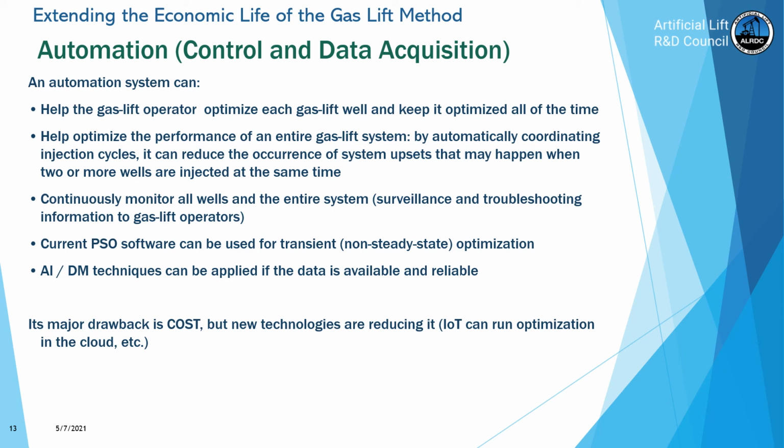Also now we have many things like artificial intelligence, data mining and all these algorithms that will help us optimize the field if the data is available and reliable. So the major drawback, you might say, is cost, but new technologies are reducing the cost. Now we can have Internet of Things devices located in different places in the field, and we can run optimization algorithms in the cloud and keep an eye on everything at a relatively small cost.